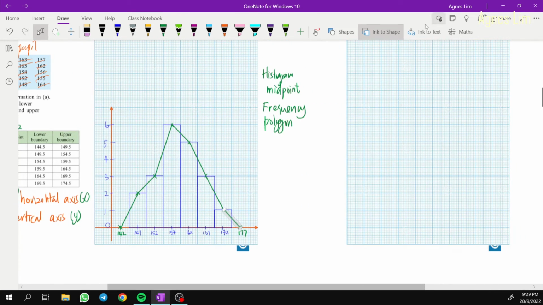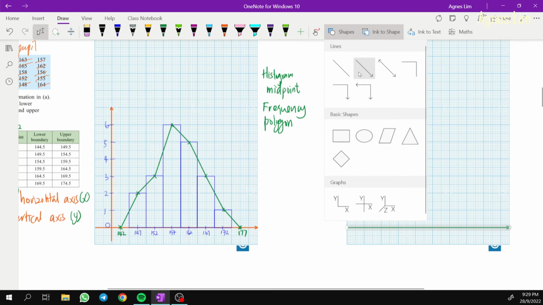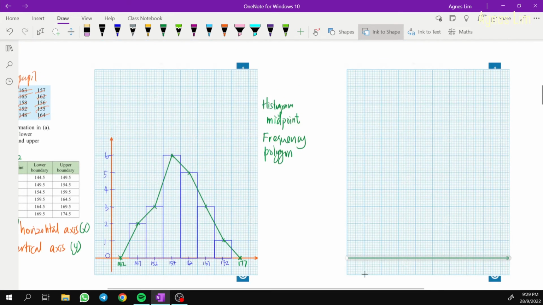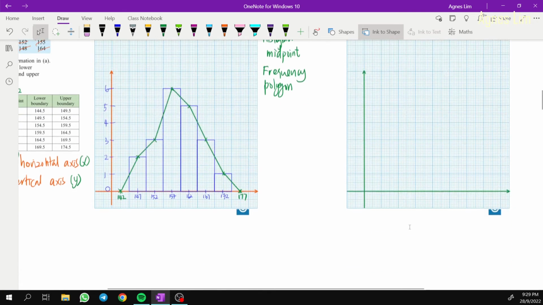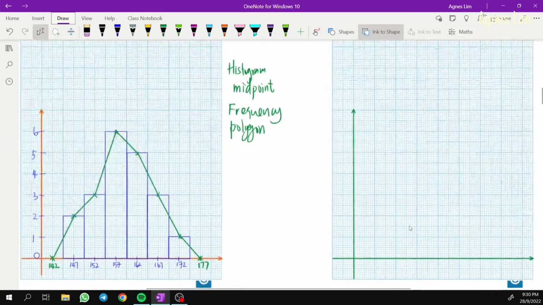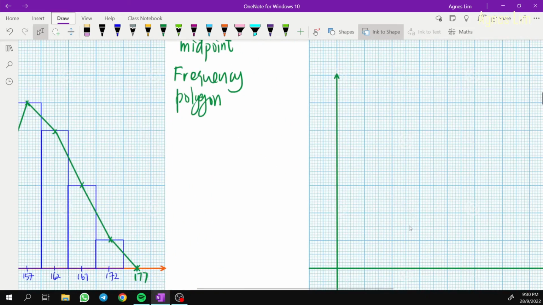We need our x-axis and our y-axis, and then we've got to label. Label frequency. So 1, 2, 3.